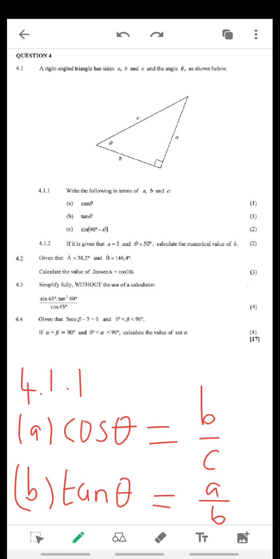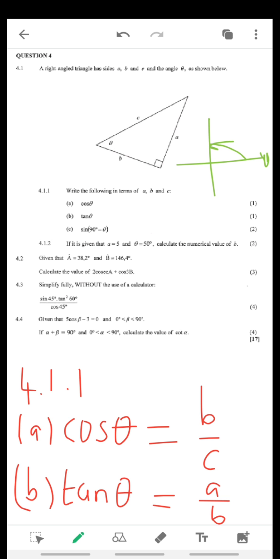Okay. Then, sine of 90 degrees minus theta. Don't forget, I said to you, if you have such a question, you start by showing with what? A diagram. So, look at your diagram. Where is 90 degrees? Remember it's from 0 here, all the way up to 90, and this is anti-clockwise.